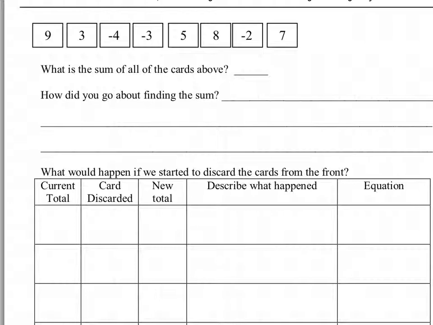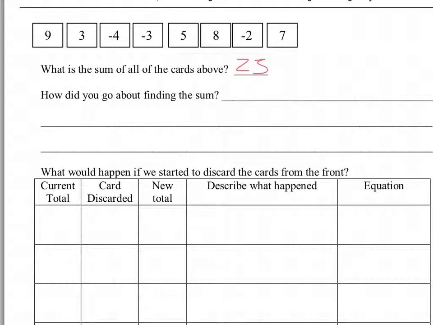So we have 9 plus 3, that would give me 12, plus negative 4 would give me, it's going backwards 4, so 8, plus negative 3, that'd be backwards 3, which would give me 5, and plus 5 would give me 10, plus 8 would give me 18, plus negative 2 would give me 16, plus 7 would give me 23. So that's one way that we can do it. And that's just thinking about it step by step, one addition by one addition.